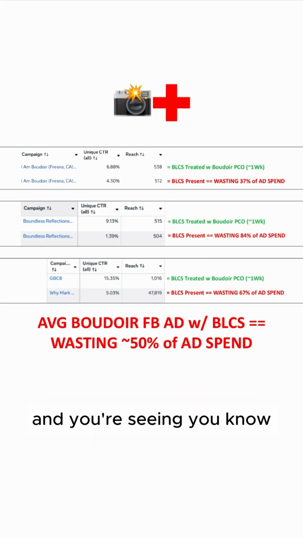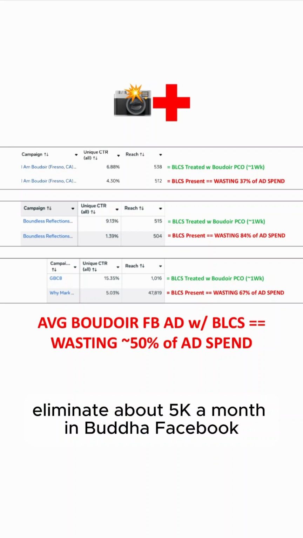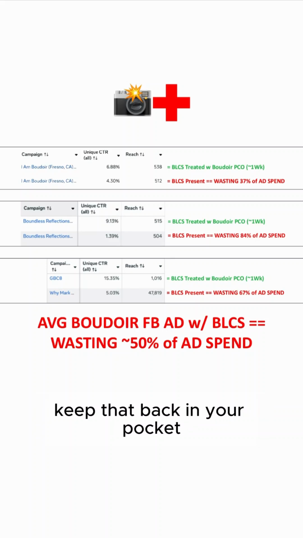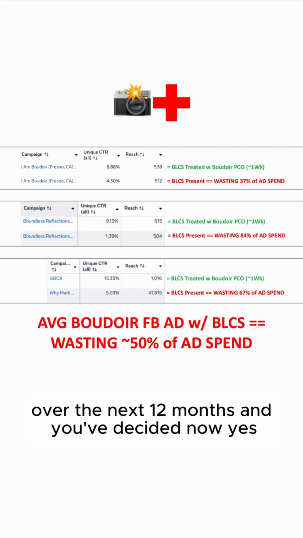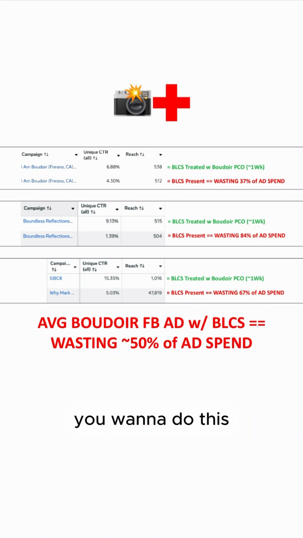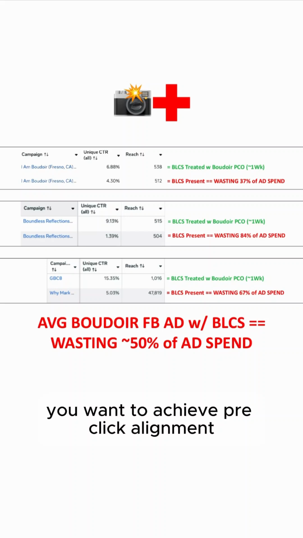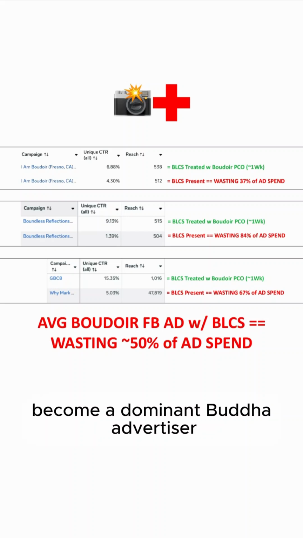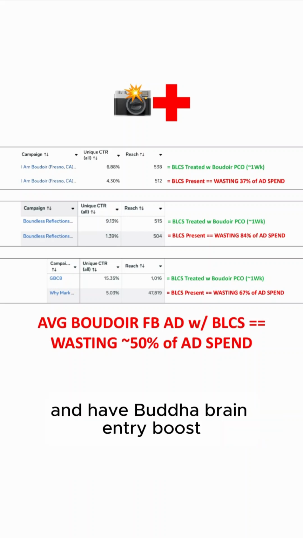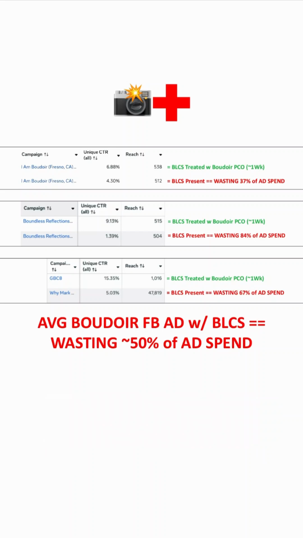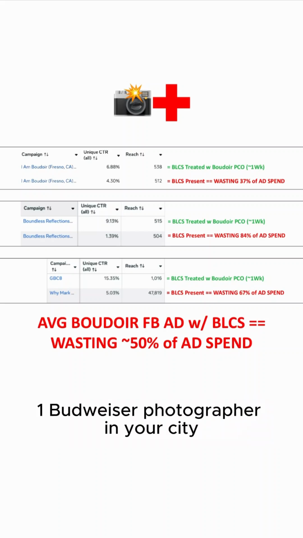And you're seeing you can probably eliminate about 5K a month in wasted boudoir Facebook ads, and keep that back in your pocket. That'd be approximately 60K over the next 12 months. And you've decided now, yes, you want to do this. You want to achieve pre-click alignment, become a dominant boudoir advertiser, and have boudoir brain entry boost on your path to becoming the number one boudoir photographer in your city.